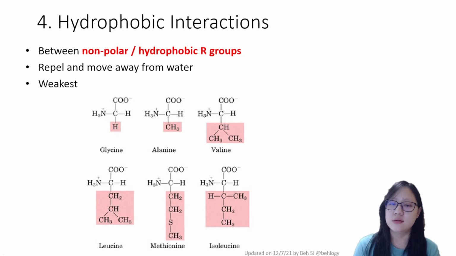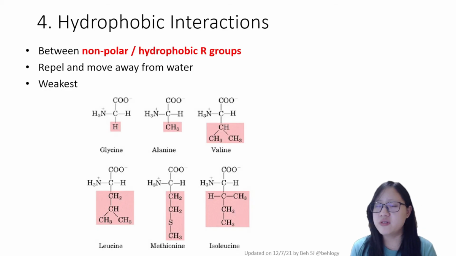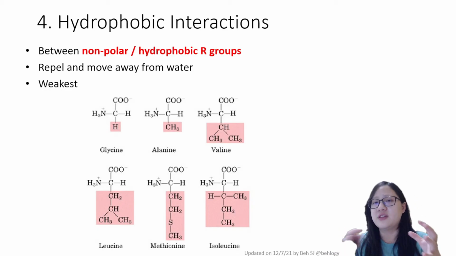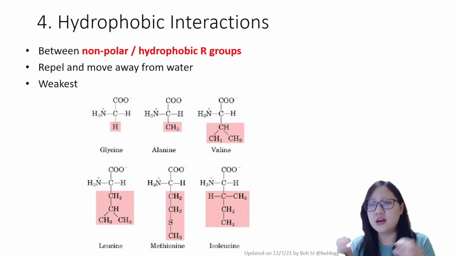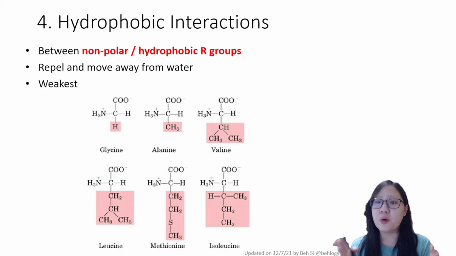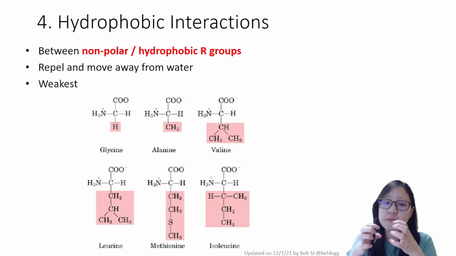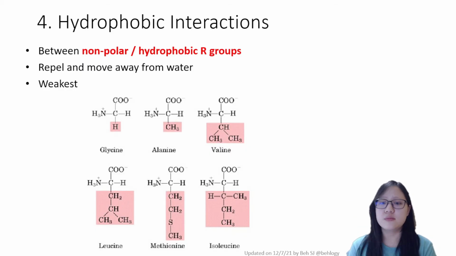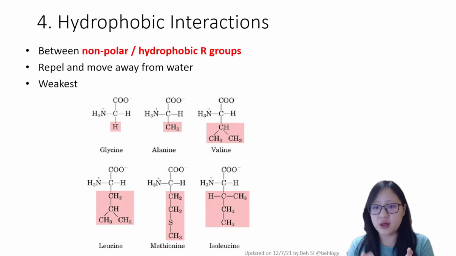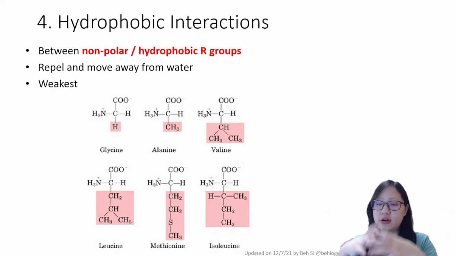As we said in previous lectures, if they have the same chemical property, they will probably group together and interact. So non-polar R groups tend to repel and move away from water and come together. So glycine, alanine, valine, leucine, methionine, and isoleucine tend to clump together away from the water, inside the protein.